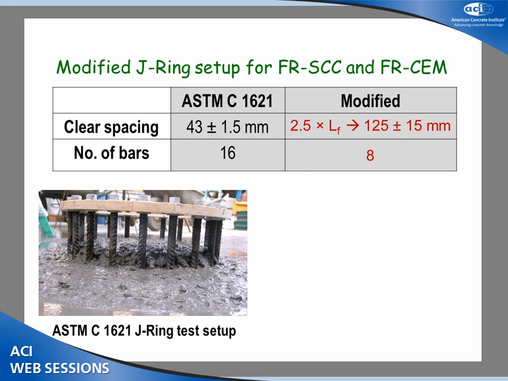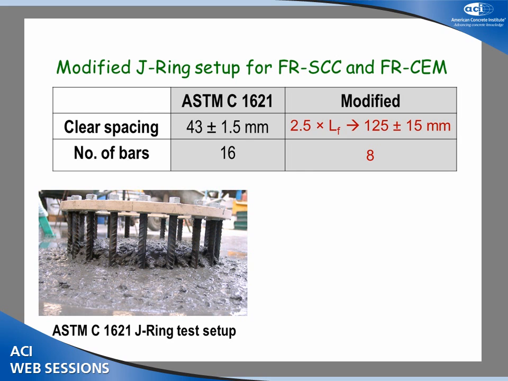If you were to take the ASTM J-ring and apply that to fiber reinforced concrete, it is very difficult to get any meaningful results. You get a bulging of the concrete where the fiber basically fills the gap and prevents the concrete from flowing.